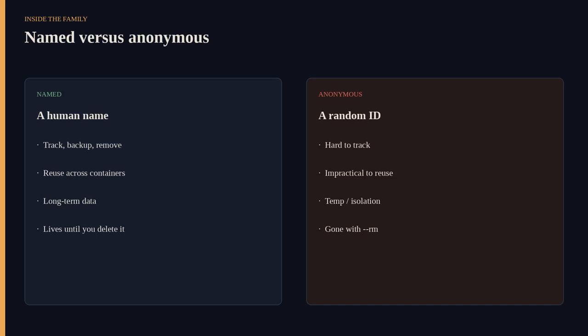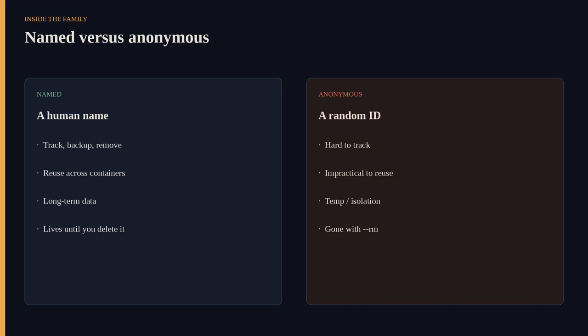Here is the cleanup twist. Anonymous volumes are deleted automatically if the container is run with the remove flag, the flag that says, when this container exits, erase it. Named volumes persist until you explicitly delete them. That is why anonymous volumes become clutter. You experiment, you forget the identifier, the disk quietly fills with volumes that have no story attached.